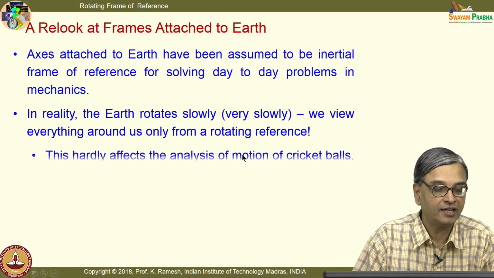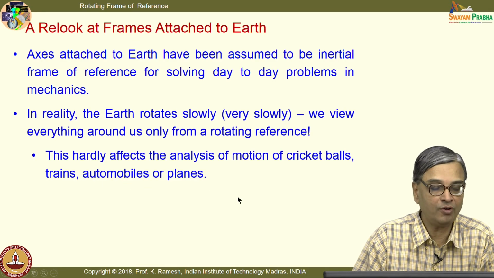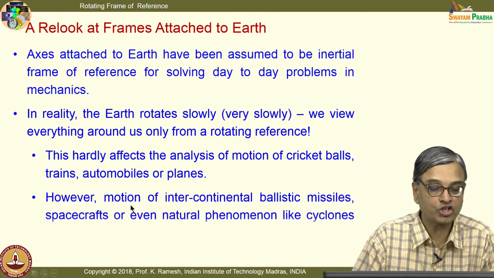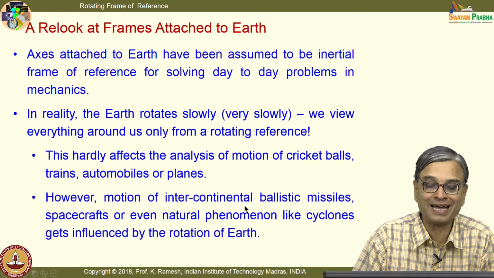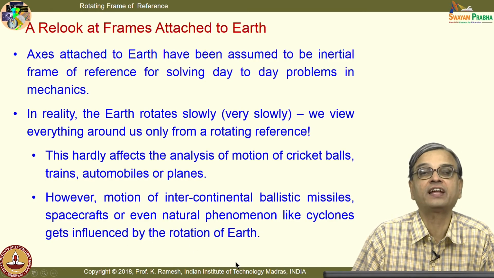Fortunately, it is not affecting the motion of cricket balls, trains, automobiles or planes. However, the motion of intercontinental ballistic missiles, spacecrafts or even natural phenomena like cyclones gets influenced by the rotation of earth.